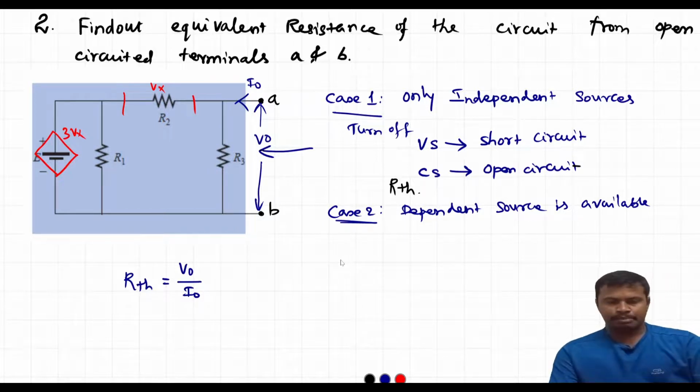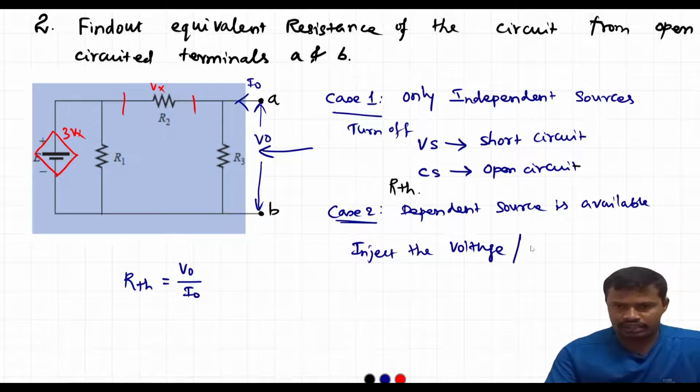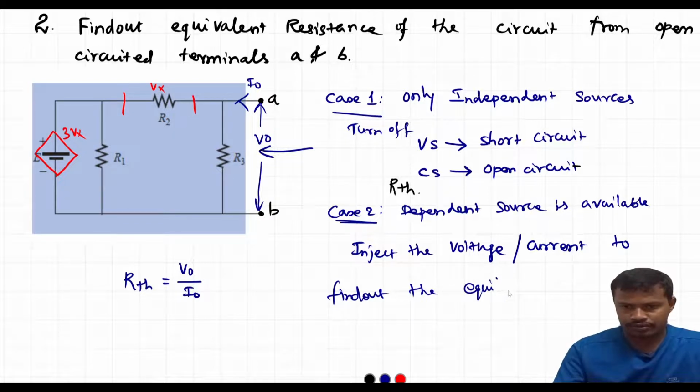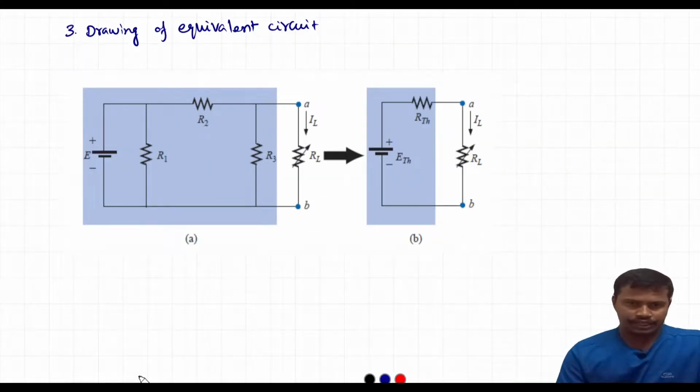So for dependent sources we need to inject the voltage or the current to find the equivalent resistance. Fine. On the next step we will draw the equivalent circuit.